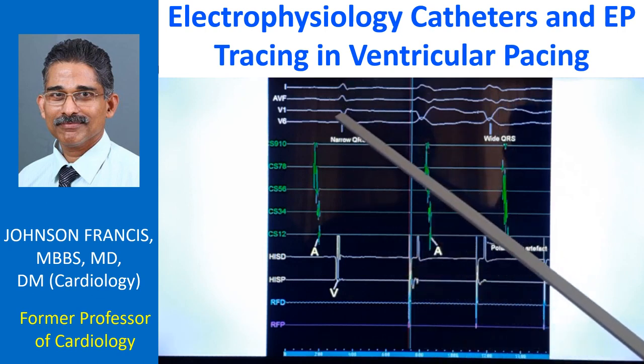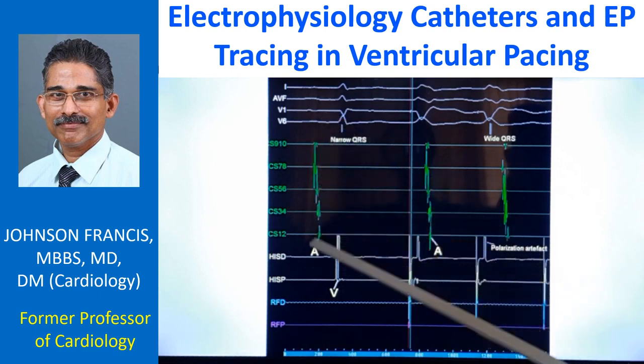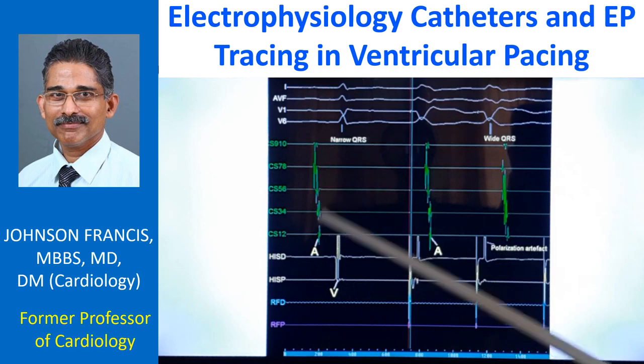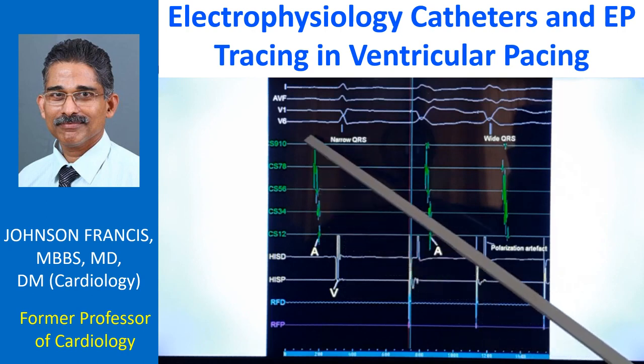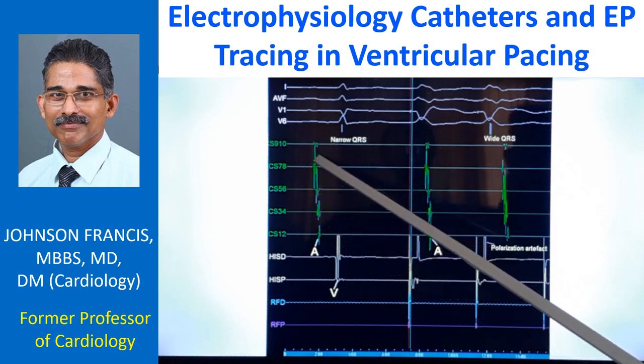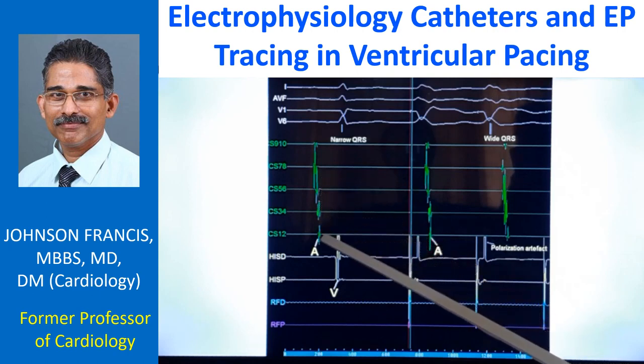This is normal activation. You can see the sequence of activation in the left atrium. Coronary sinus electrode represents left atrial activation. This is the distal, proximal. So activation comes in the proximal portion of the coronary sinus electrodes and then proceeds distally. This is the lateral portion.